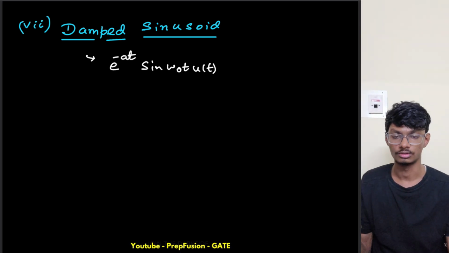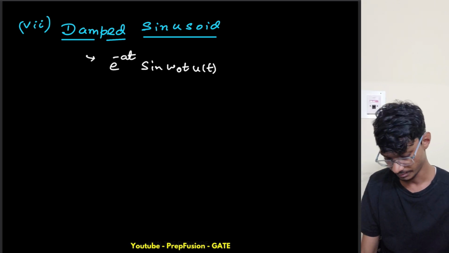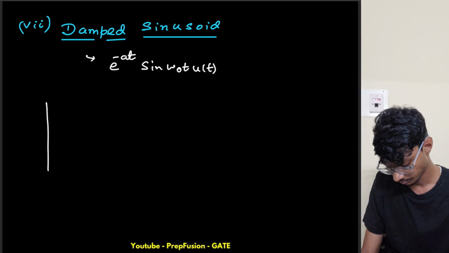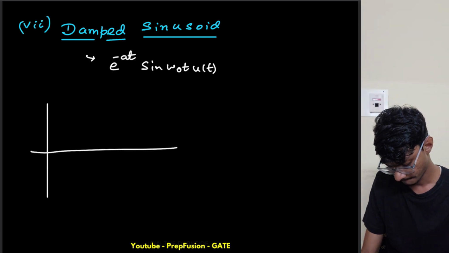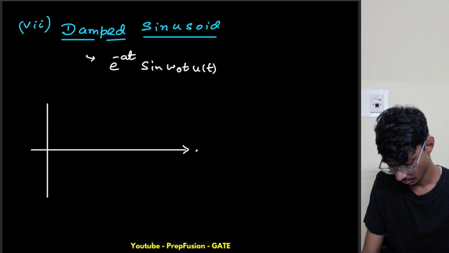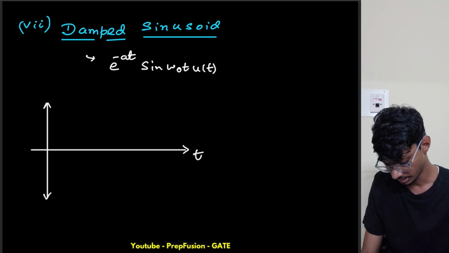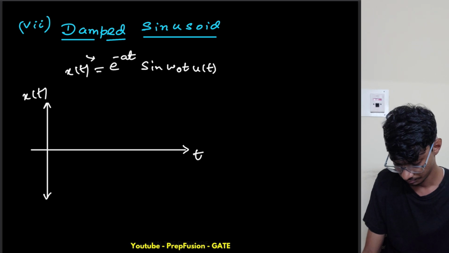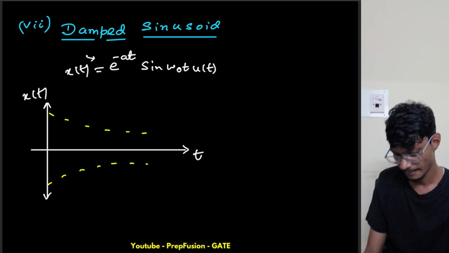So first what we will do is draw the envelope. How to draw this graph, right? So this is basically the x of t, and this is the envelope.